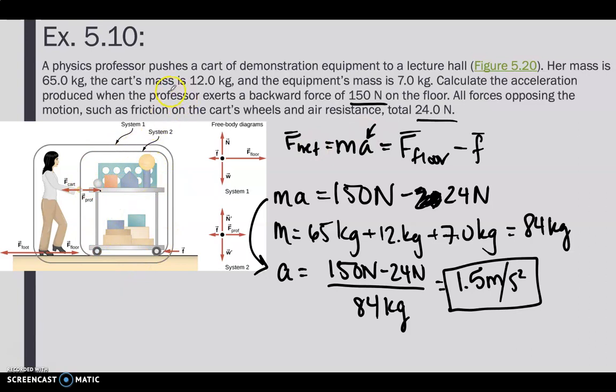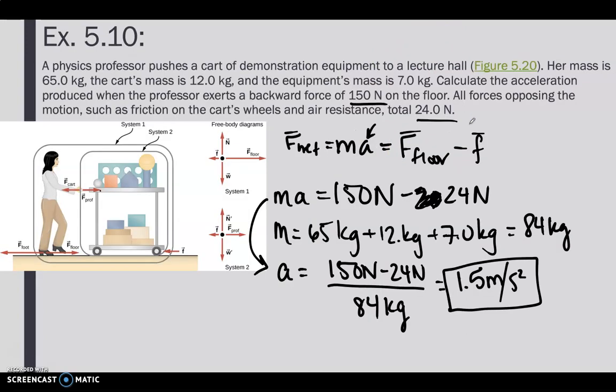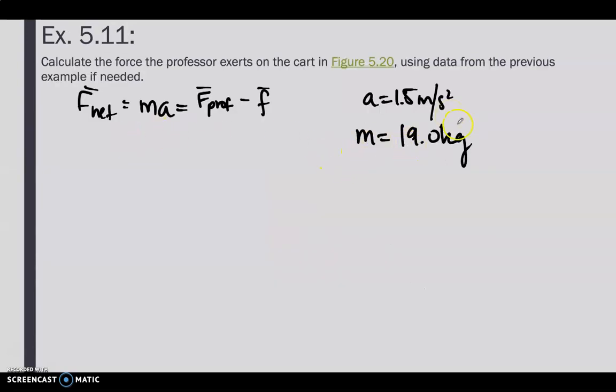So it's going to be the cart's mass plus the equipment's mass. So 12 kilograms and 7 kilograms, or 19 kilograms. Okay. And our frictional force stays the same, that 24 newtons. Okay. I'm going to go ahead and write that down so we don't forget.